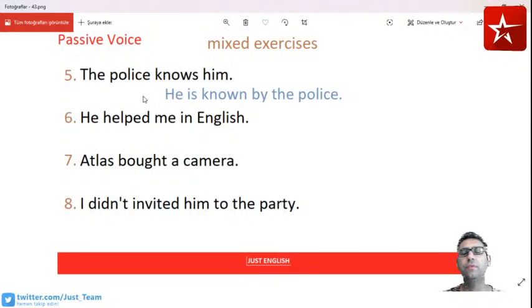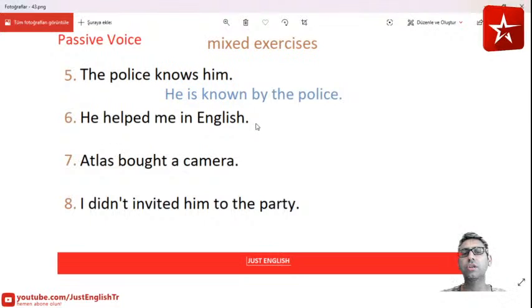If we want to add the subject of an active sentence into the passive, we need to use it like this, by the police. He is known by the police. Polis tarafından bilinir. He is known, biliniyor, bilinir.